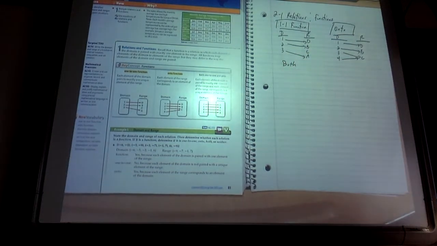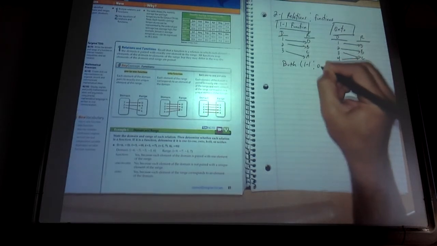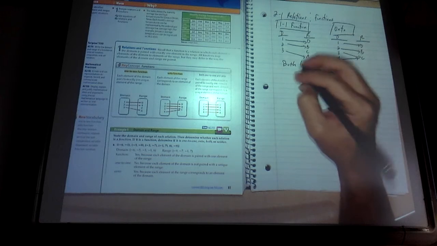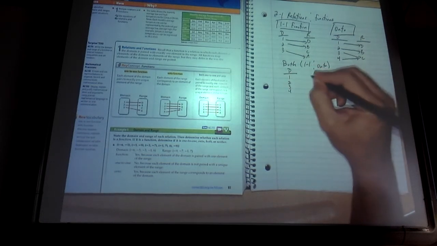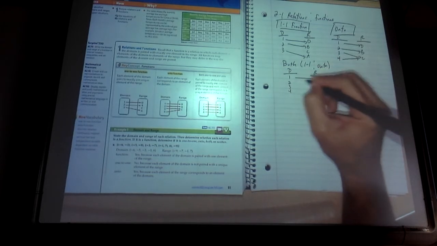Now, very simply, the other thing you can have is both. And when I say both, I mean both one-to-one and onto. You can see the drawing again on page 61. The domain is 1, 2, 3, 4. Our range is D, B, C, A. And they're just drawing them straight across, which is fine.